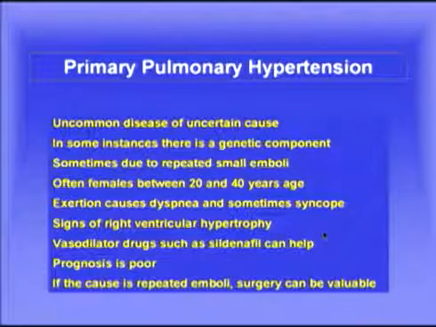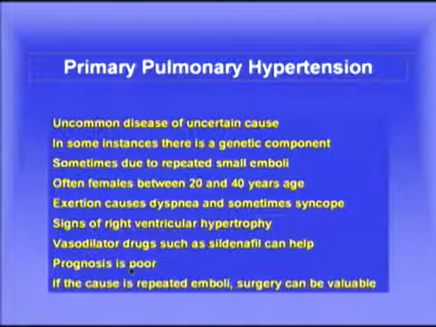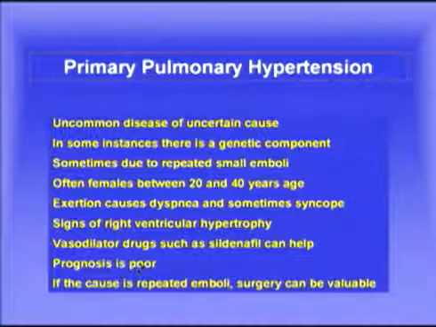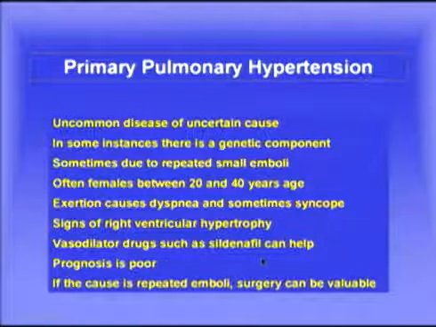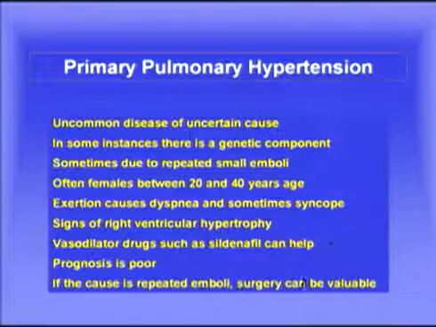There's a lot of interest by the pharmaceutical industry in finding new drugs that are going to help, because the prognosis of this condition is poor, and it would be very important to try and find ways of helping these patients. If the cause is repeated emboli, occasionally these can be removed by surgery, and that's important.